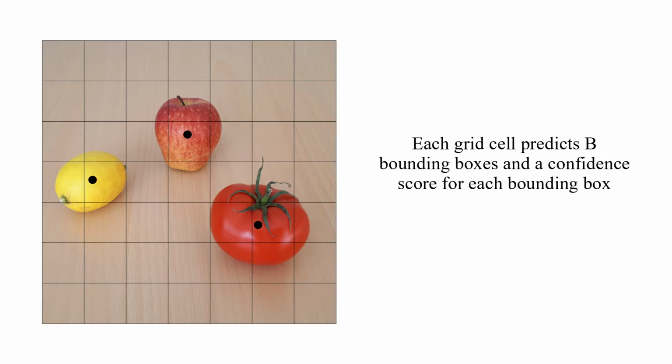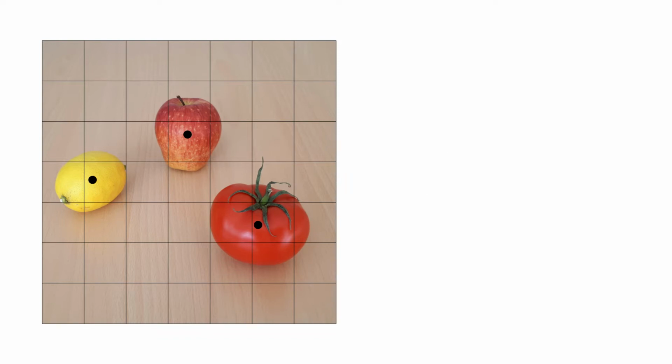Each grid cell predicts B bounding boxes and a confidence score for each bounding box. In our example, B is 2. Here are the bounding boxes for 3 responsible grid cells.